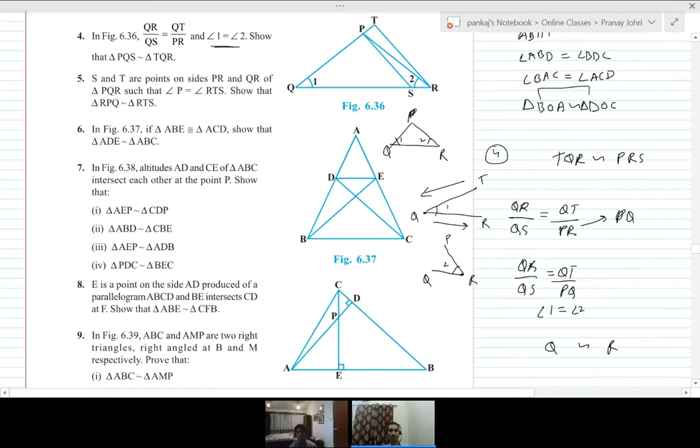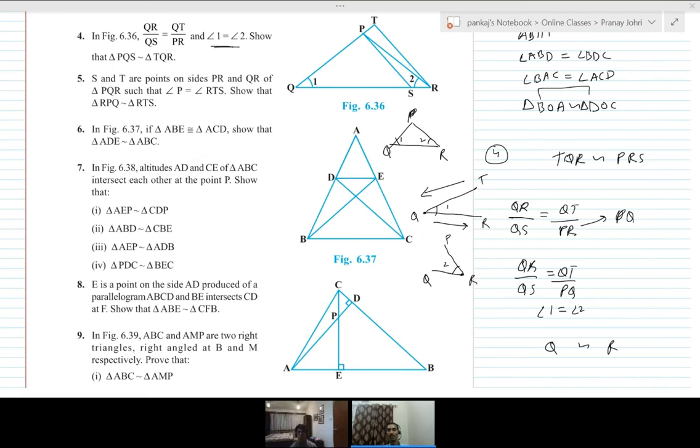PQS, PR is equal to PQ, corresponding to PQ and TQ. And then QS and QR as well.